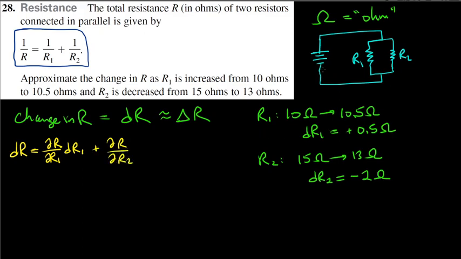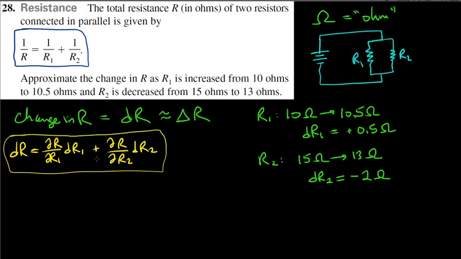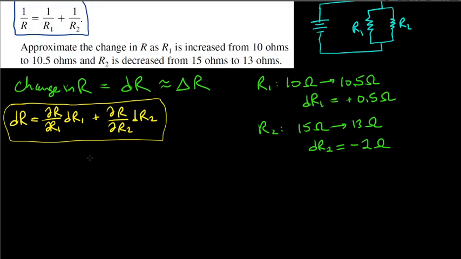These resistances are changing, increasing or decreasing. This is probably the most direct way to do it, just calculate these partial derivatives and do it that way.